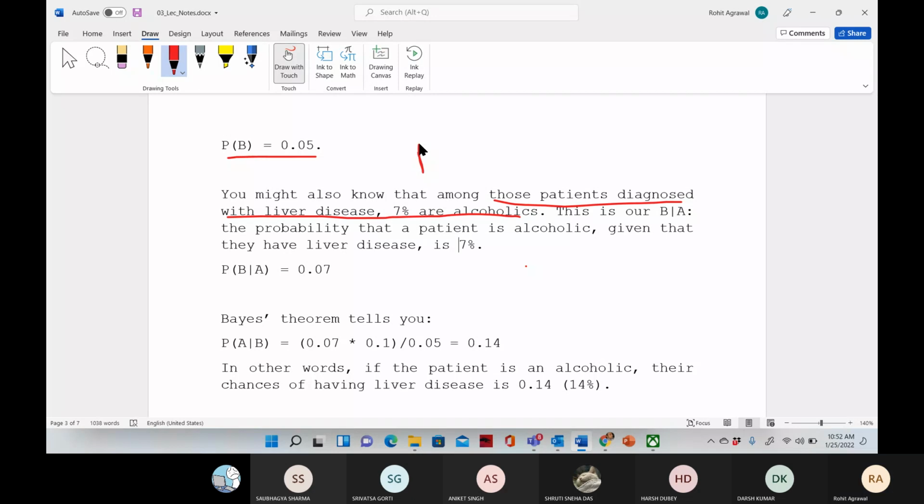P of B given A, am I right? Patients diagnosed with liver diseases and 7% are alcoholic. So it is given that they are diagnosed with the liver disease, and the probability of a person to be an alcoholic when diagnosed with a liver disease is P of B given A.